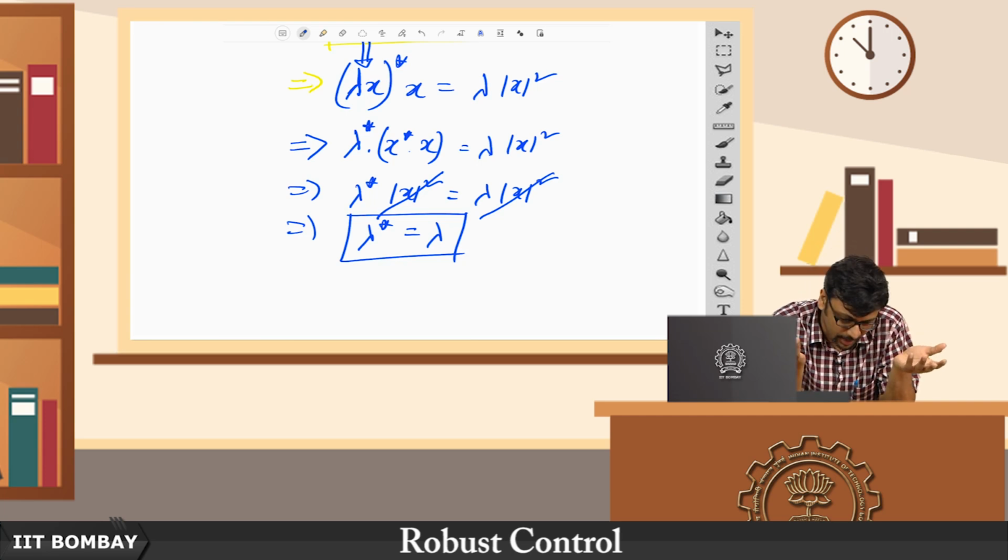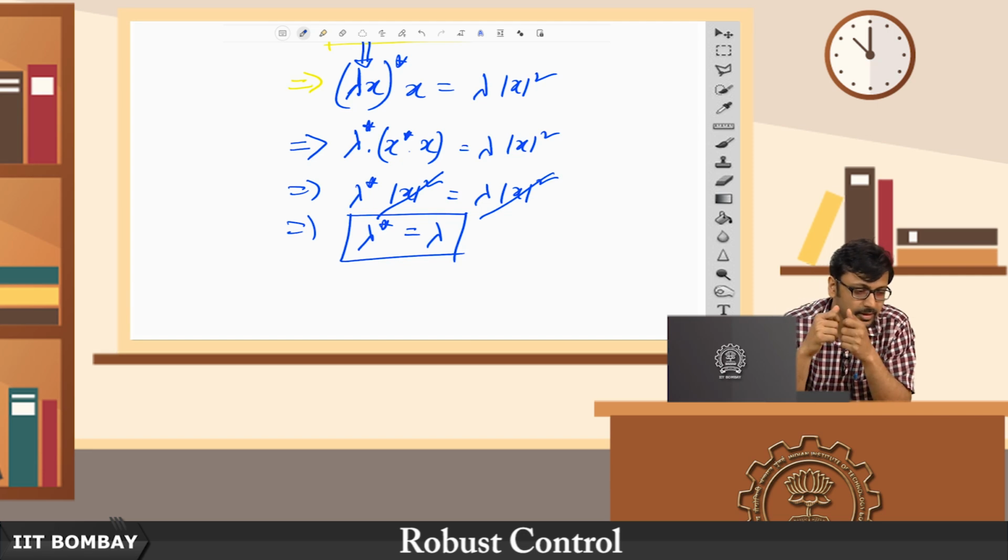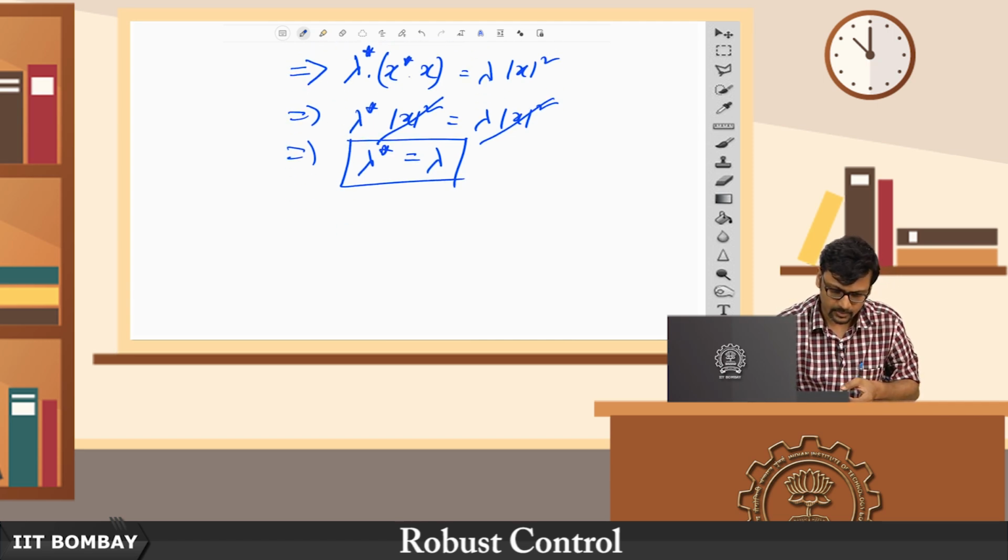If they had an imaginary part, then it will never equal its own conjugate. So, the eigenvalues of such matrices are always going to be real, and that is an important conclusion, alright.